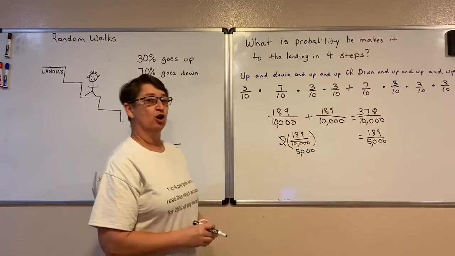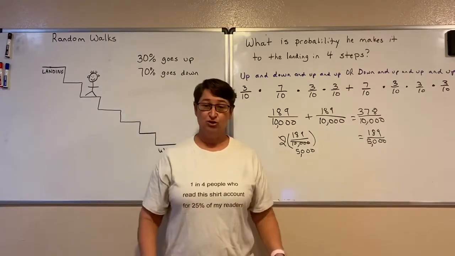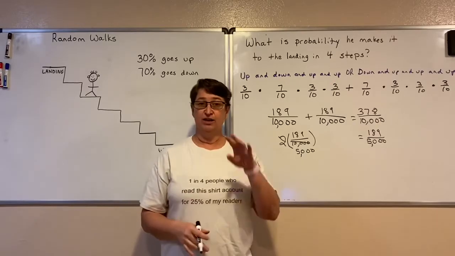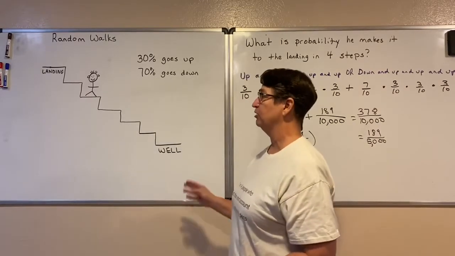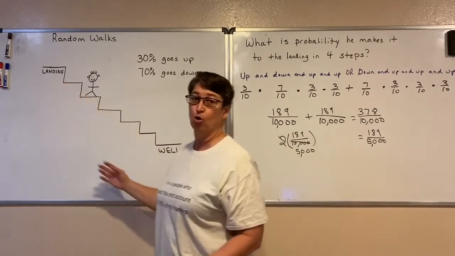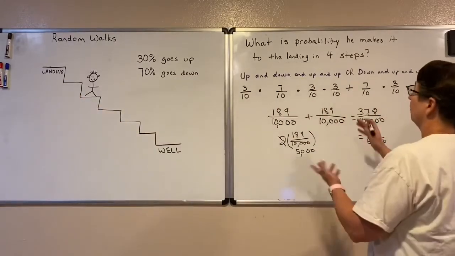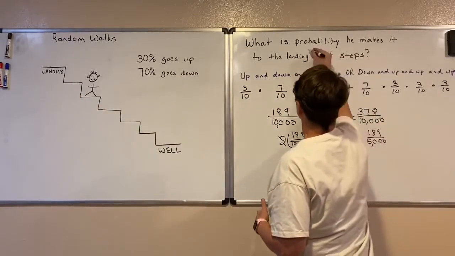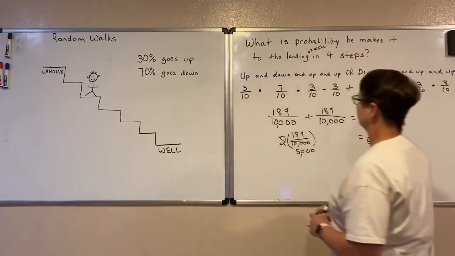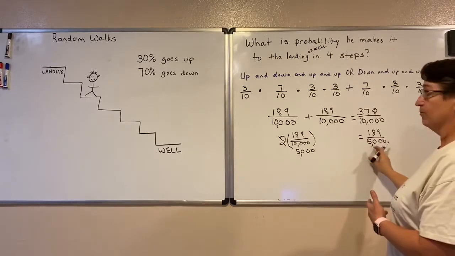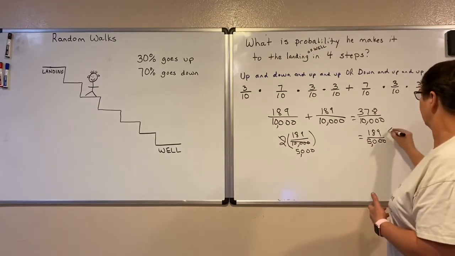So if I wanted to know what's the probability that his exercise would be done in 4 steps, well, for his exercise to be done in 4 steps, he would have to make it to the landing or to the well. So what's the probability he makes it to the landing or the well in 4 steps? Well, this is the probability he makes it to the landing.